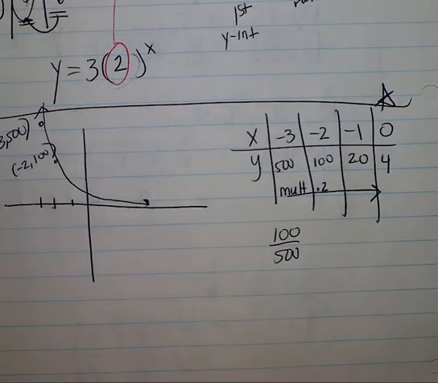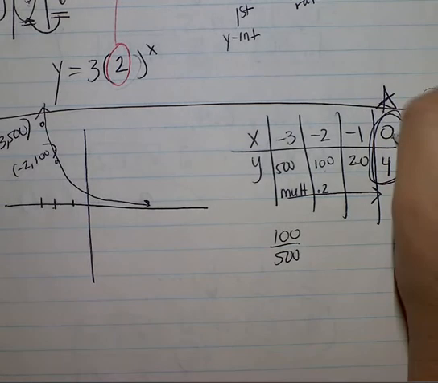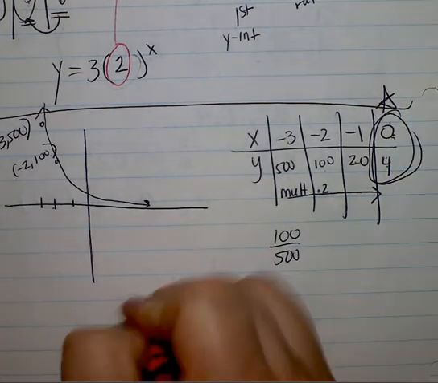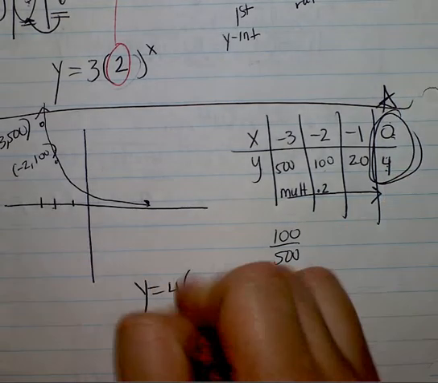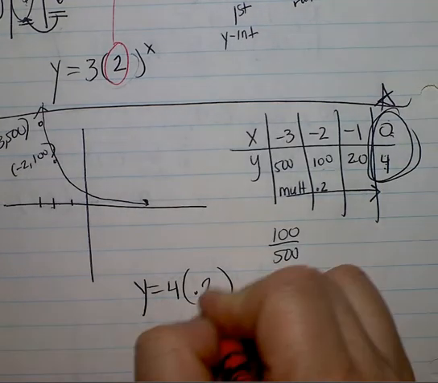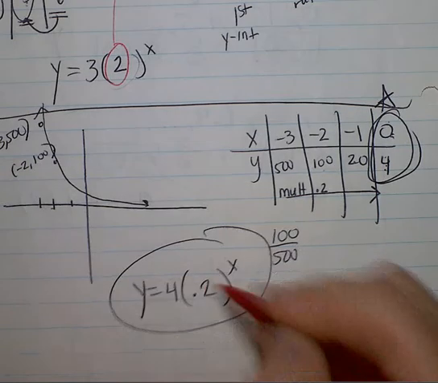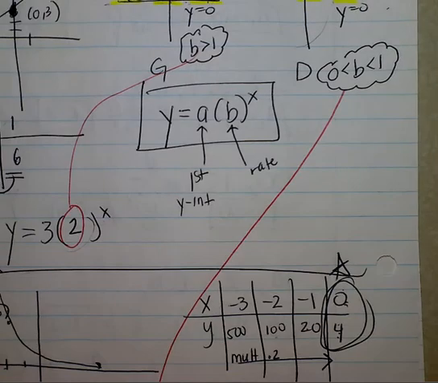Because what I actually need to find out is, what's this initial value? What's the y-intercept? So y equals 4. My rate is 0.2 as I move to the right. Problem is done. How can you justify that this is decay? Because 0.2 is between 0 and 1 as well.